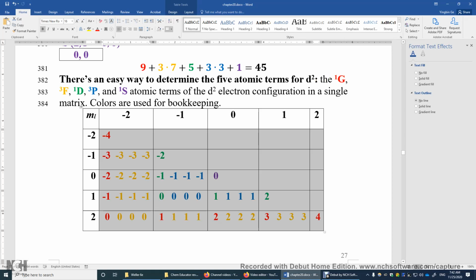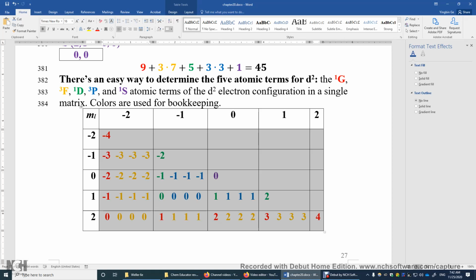So I can write out the atomic term symbols for f2 in 5 seconds. You just write S, P, D, F, G, H, I. And then you add the superscripts 1, 3, 1, 3, 1, 3, 1. You're done. So what if you have the more complicated g2 electron configuration? You have 2 electrons in the g atomic orbitals.